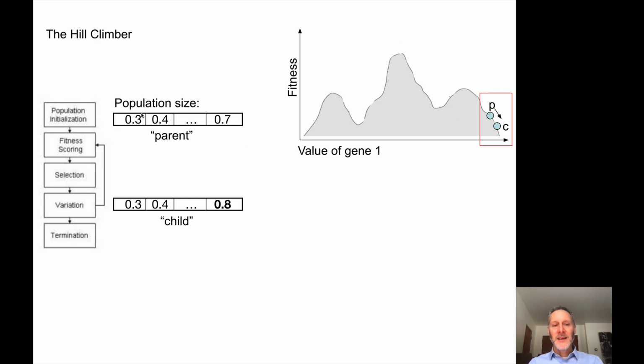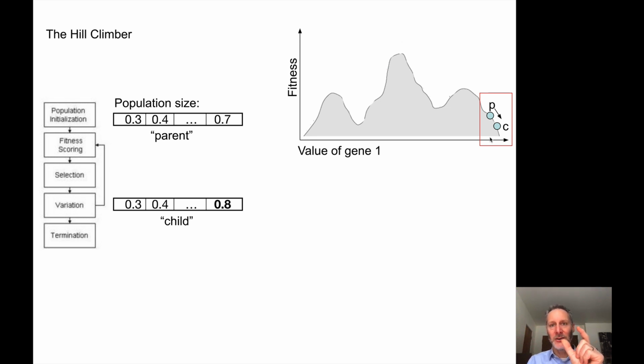What does that mean? That means we take our parent solution, which is a vector of length 1, remember, in this simple example. The hill climber makes a copy of that single length 1 vector, and when it makes a copy of that vector, it makes a random alteration to the values in that vector.